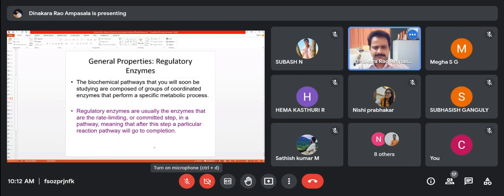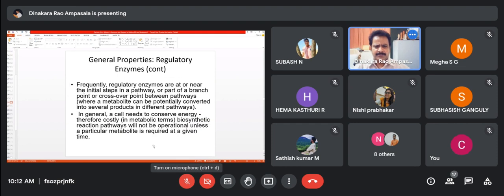So frequently regulatory enzymes are near the initial step in a pathway, or part of branch points or crossover points between pathways, where a metabolite can potentially be converted into several products in different pathways.